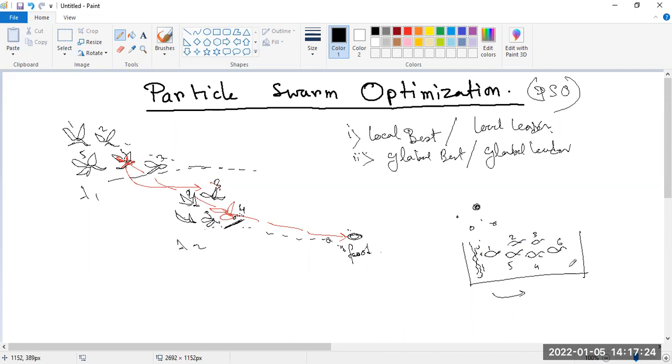After some time, whenever this fish reaches the bubbles, it changes its position. If you watch this, you can understand this thing.